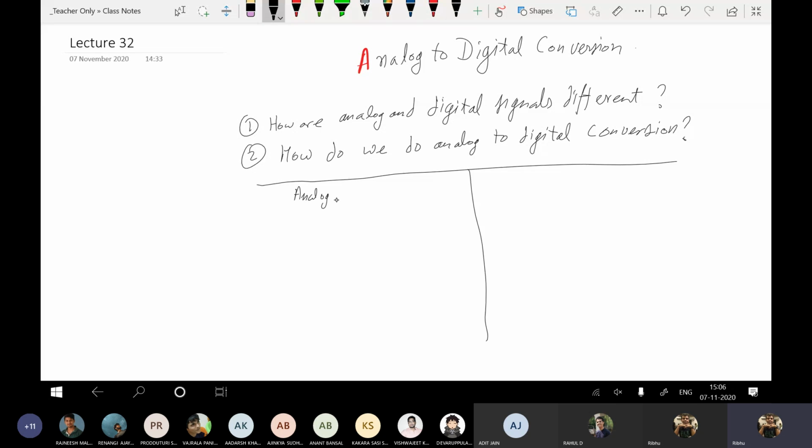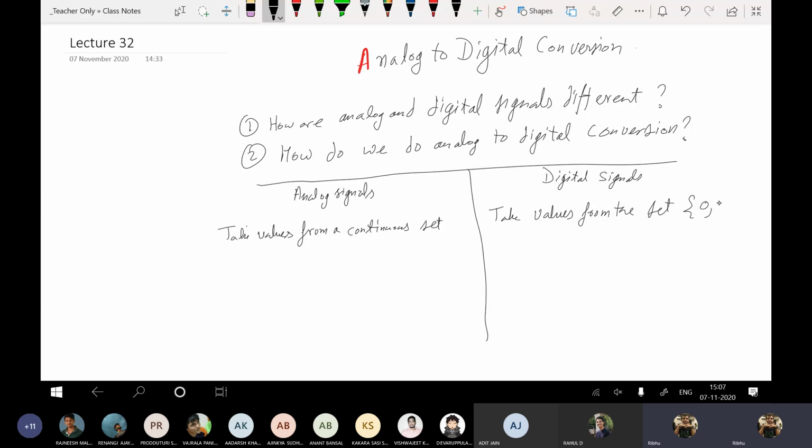analog signals take value from a set, and digital signals take values from the set 0, 1 or true, false.